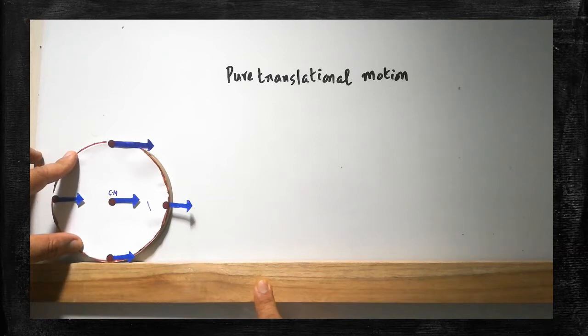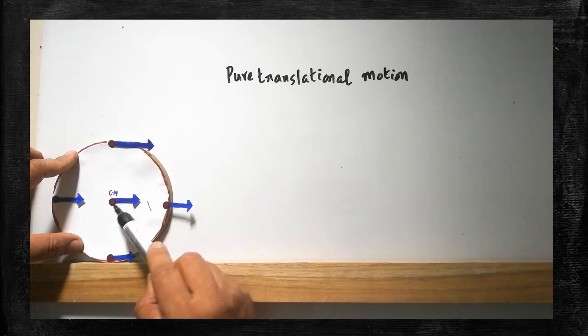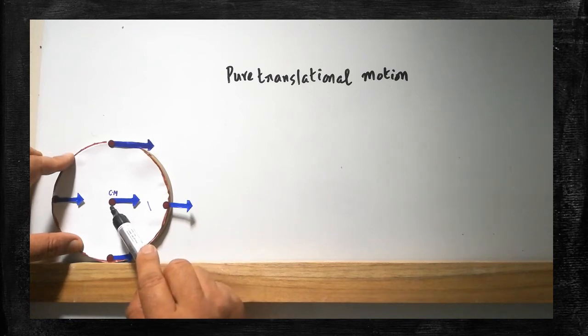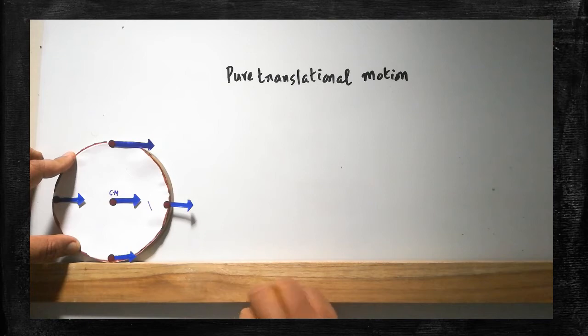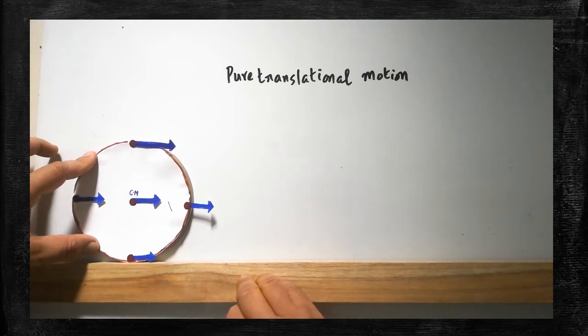In the case of pure translational motion, look at the rolling object in which this is the center of mass. The center of mass along with the other points on the edges, everything is moving in a straight line.